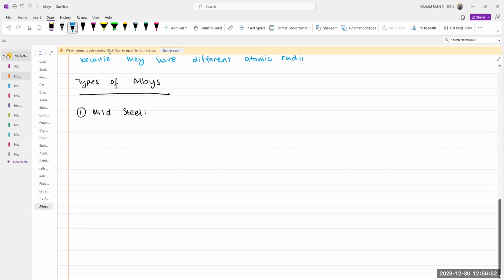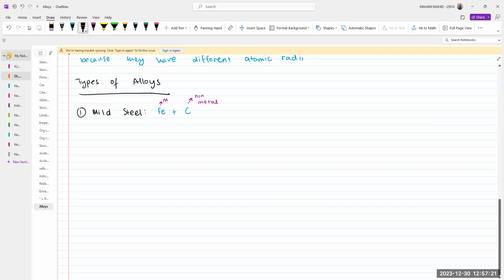This is a mixture of iron and carbon, and it's the only alloy in which two metals are not involved. Why? Because iron here is a metal, carbon is a non-metal, right? So this is the only alloy that does not have two metals. Rather, it has a metal and a non-metal, right?